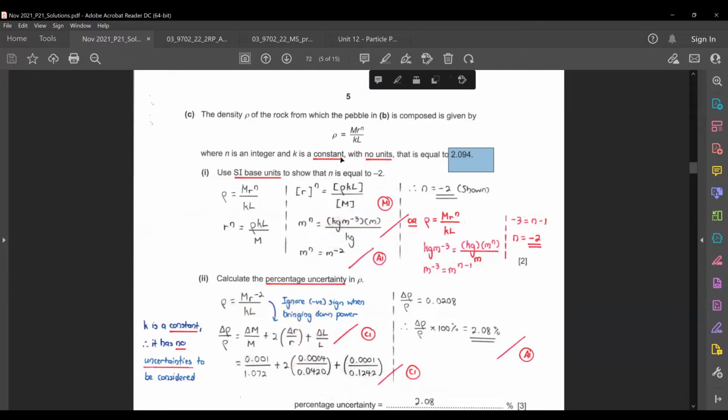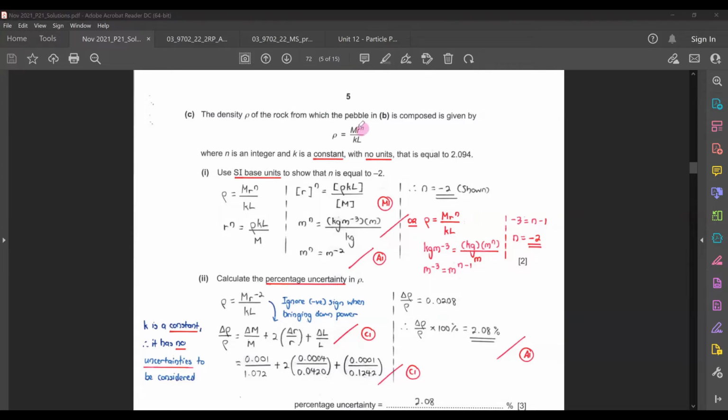Right, so for this one, there are different ways in which you can do it. Usually for this kind of thing, when they ask you to find the units of something, in my case, they want to find r power n, what's n itself. I usually make the variable the subject.